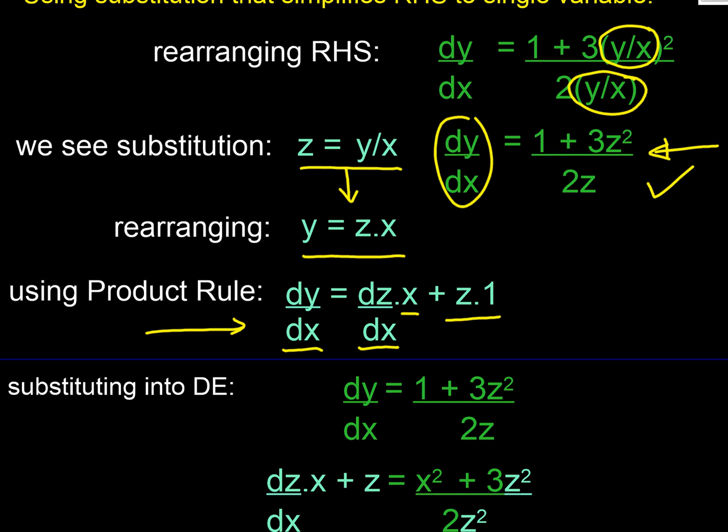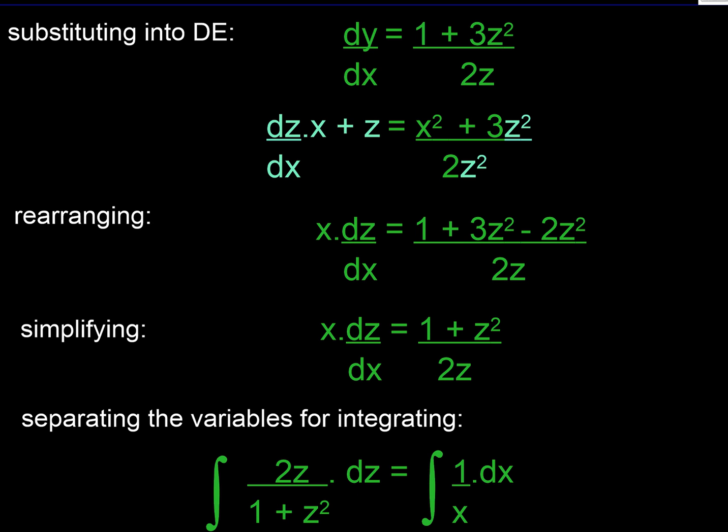Okay, and I can substitute that into my differential equation here. So on the right hand side I put my z squareds in, and on the left hand side I replace that with the differential equivalent, and now I just need to get dz by dx on its own.